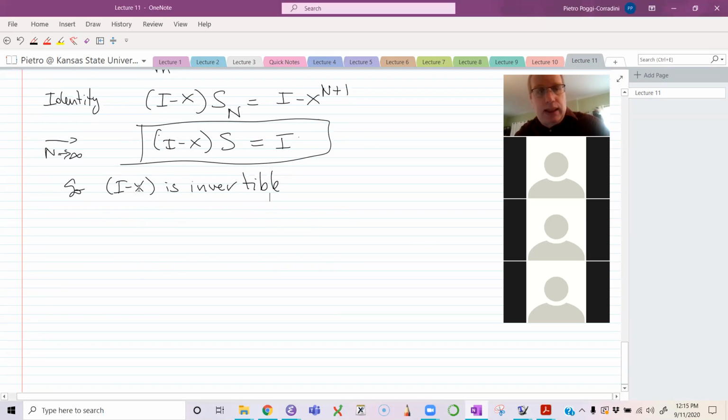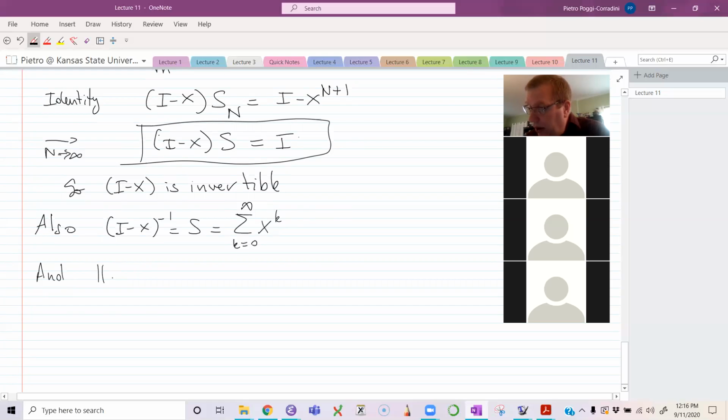But in any case, we can go a little step further and then compute the norm, right? So also, the inverse S, so basically the series from 0 to infinity, the norm of S, right?